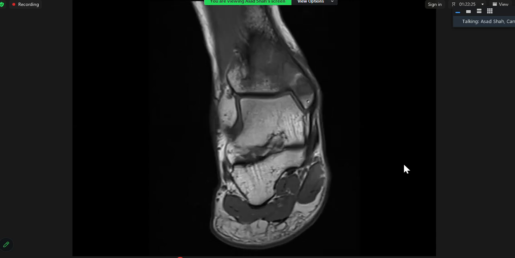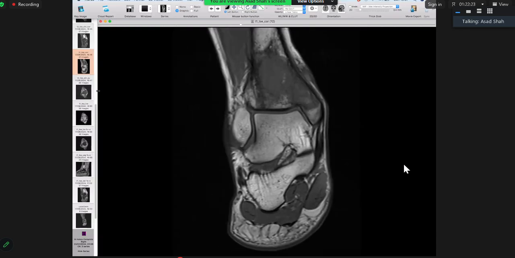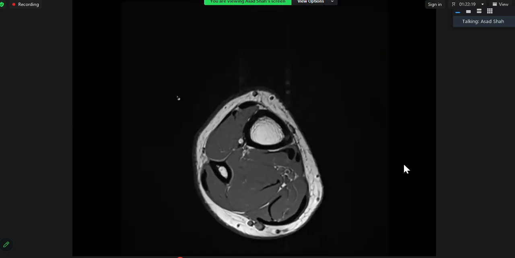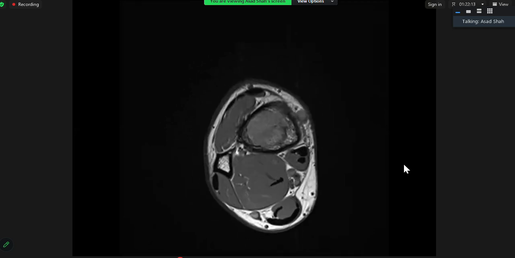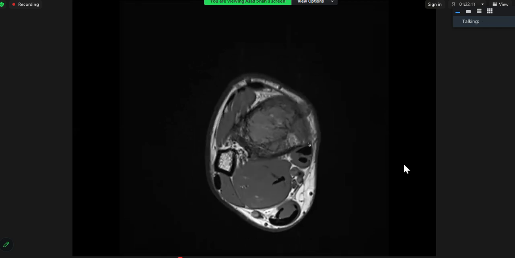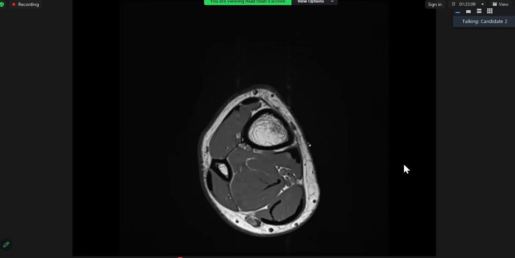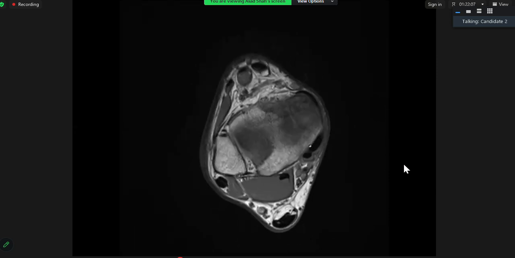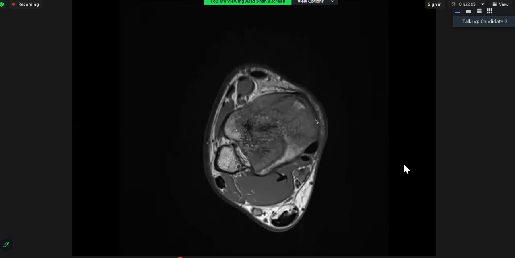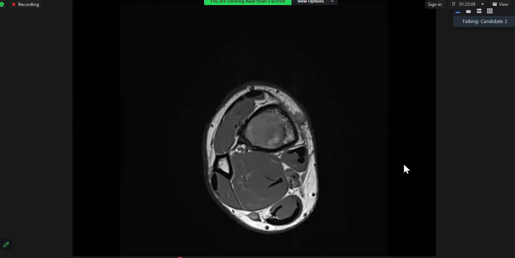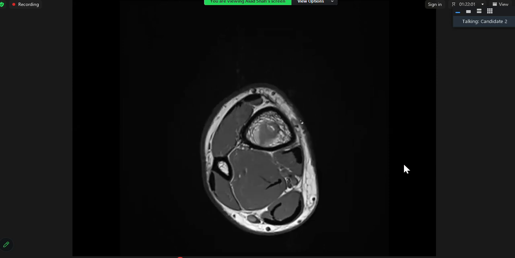Well, for that, you need to look at the axial, I think. So we have seen the abnormality. Let's go to the axial, and then you can see whether the abnormality extends beyond the bone or not. Yeah, definitely there is a slight wide zone of transition as there is extension of this region of abnormality.